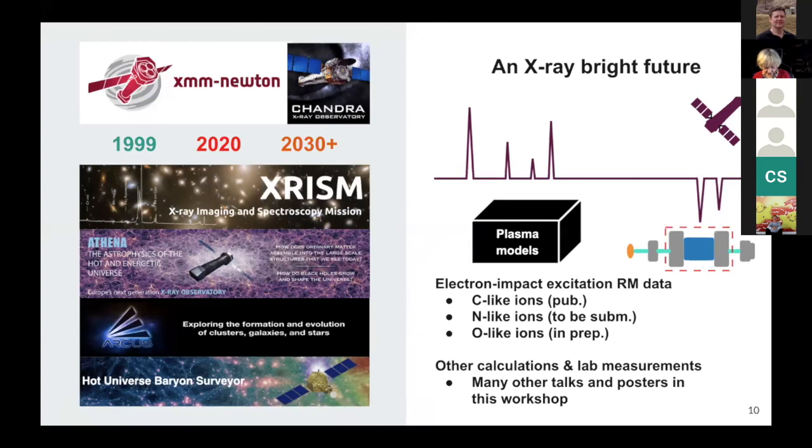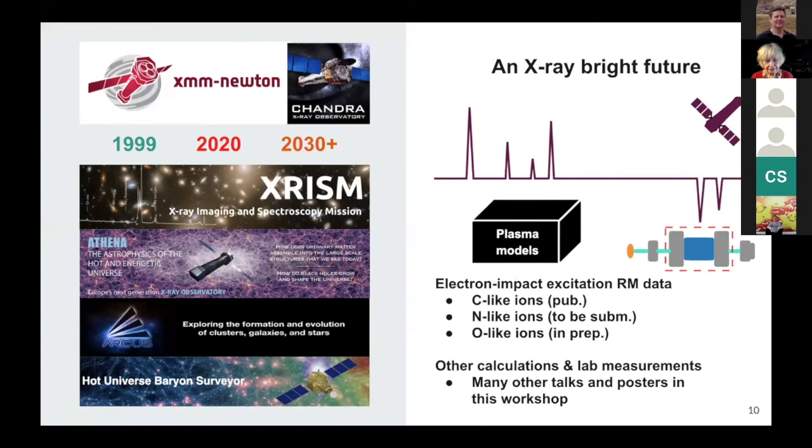We are all looking forward to doing new exciting science with the powerful SPEX and new missions, but we also need to take care of what is inside the black box here. This talk is limited to a theoretical calculation of a specific atomic process, limited by my limited knowledge.